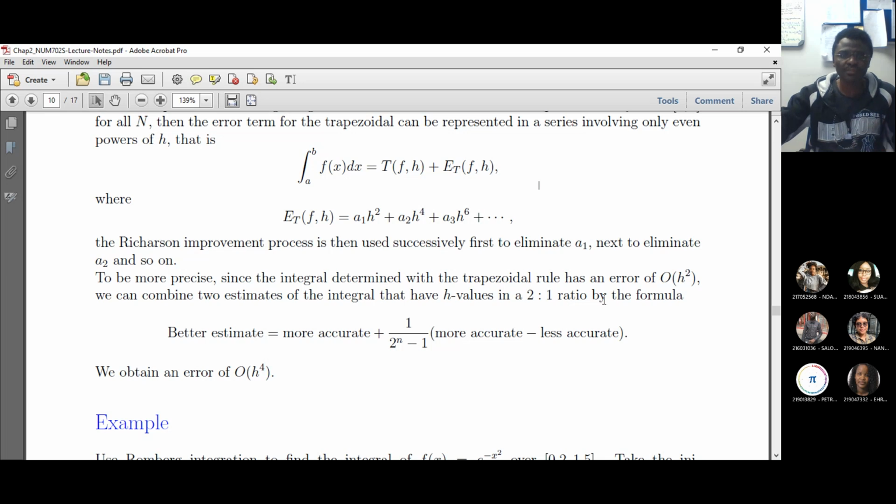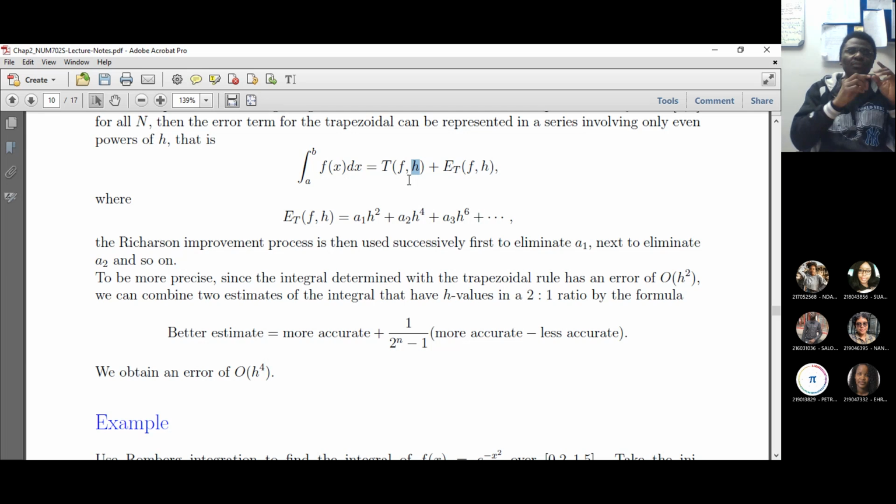But how do we proceed? We take the rule, T of h, with a particular value of h which we fix, and we obtain a result. Then we recompute the integral with a finer h, because when h goes towards 0, your rule will give you a better result.